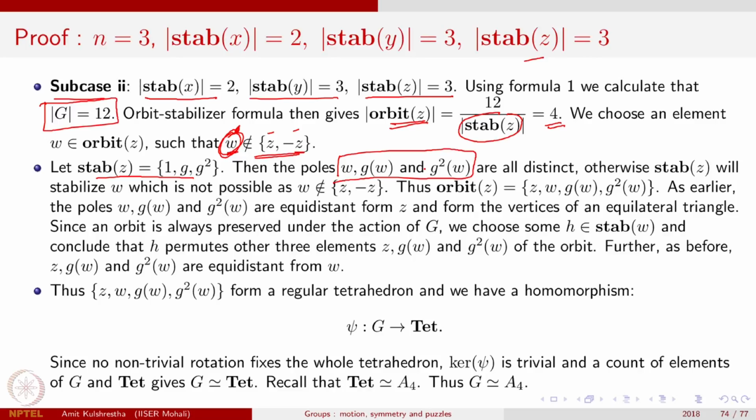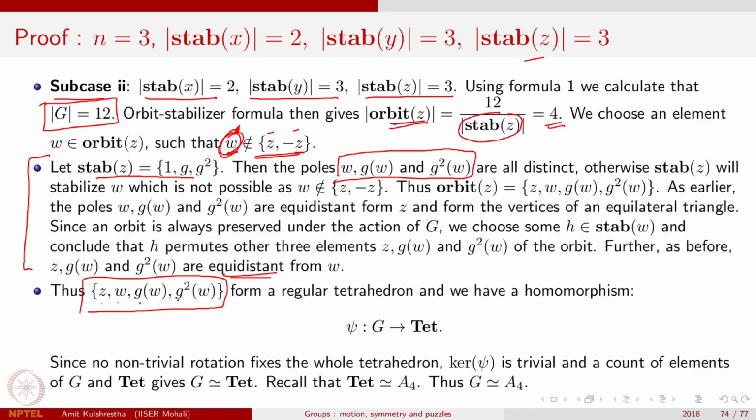Using the previous kind of analysis, it is not very difficult to conclude, using the fact that G is distance preserving, that Z, W, GW, G square W actually form a regular tetrahedron.